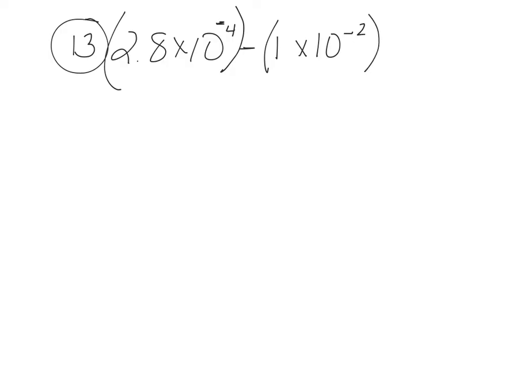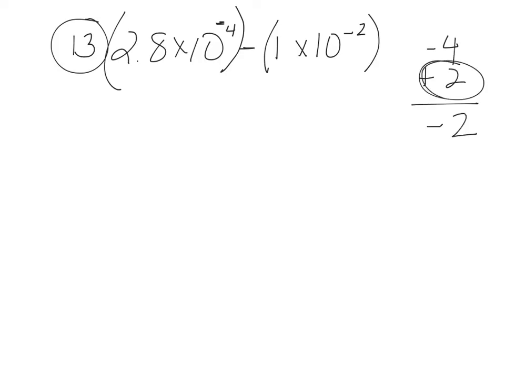And so let's go ahead and change that negative. Let's change the first one this time. Let's change the 2.8 times 10 to the negative 4th to a negative 2. So going from 4 to 2 is a difference of 2. So I need to move the decimal 2 places. And I'm actually adding. So negative 4 plus 2 gives me a negative 2.